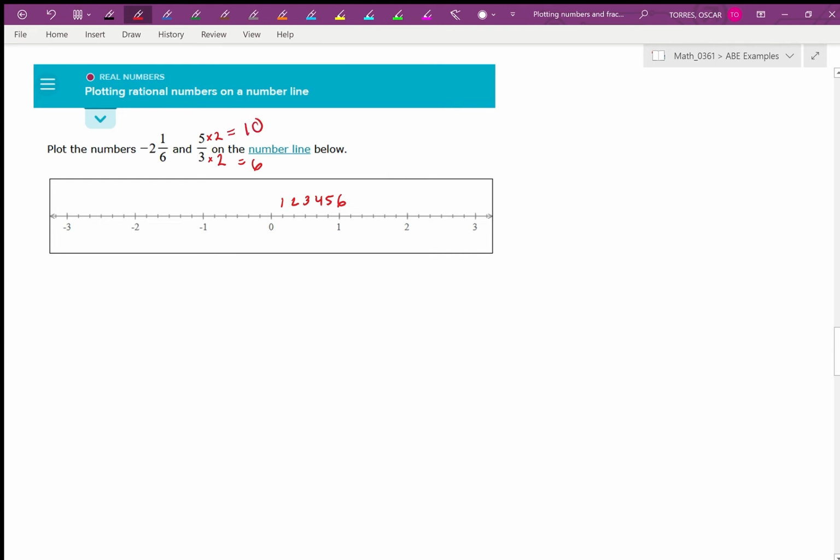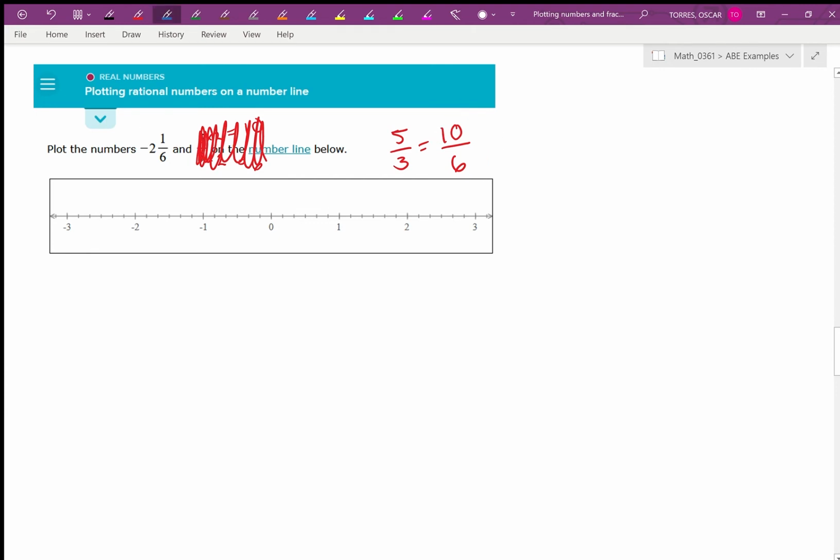This would leave me with a fraction of 10 over 6. And 10 over 6 is what we're going to use to plot this fraction of 5 over 3. So it turns out that 5 over 3 is equal to 10 over 6. So we're not going to look at 5 over 3 anymore. Instead, we're going to focus on graphing 10 over 6 and graphing -2 and 1/6.